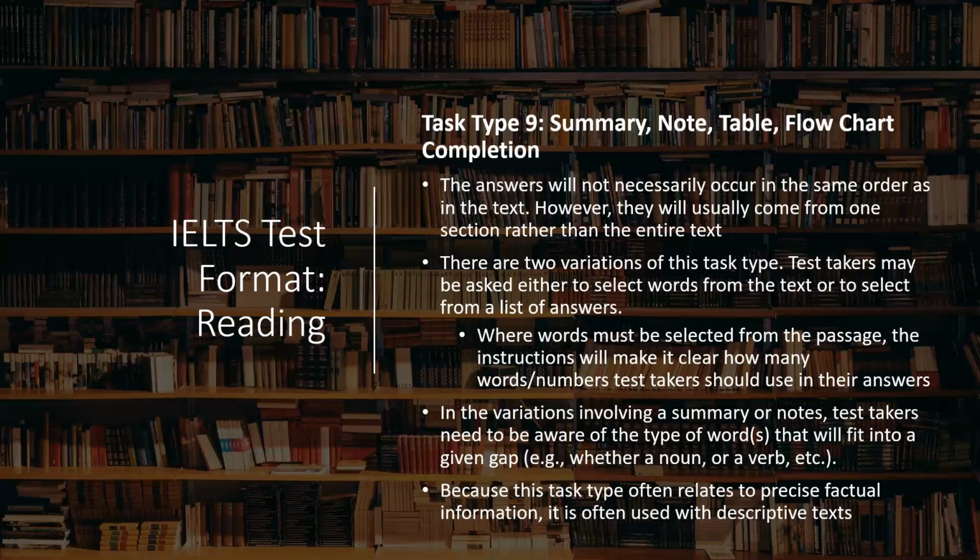Both possibilities are there. When words are to be selected from the passage, the instructions will make it clear how many words or numbers are to be used, like we have seen, no more than 3 words, for example. If the selection is to be made from the given list, then this instruction is not necessary.